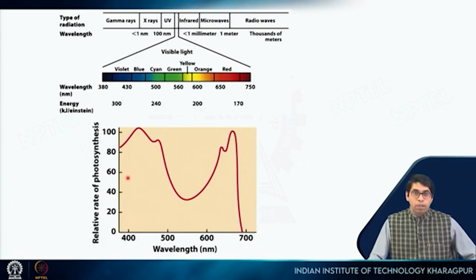So you can see that for the blue region and for the red region, the rate of photosynthesis is very high, right? But for the green region, the rate of photosynthesis is very low. It means that it does not absorb much of this light, it absorbs mostly this light and this light, which is why the green light is either transmitted or reflected and we see our leaves as green.